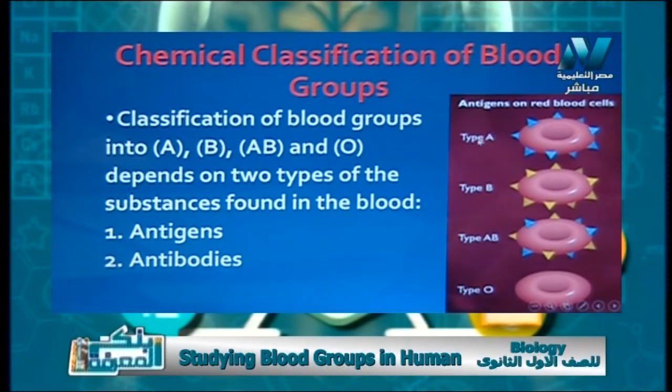Again, the person who is blood group A has antibodies in his plasma against B. And the person who is blood group B has antibodies in his plasma against A. But what about the person who is AB?